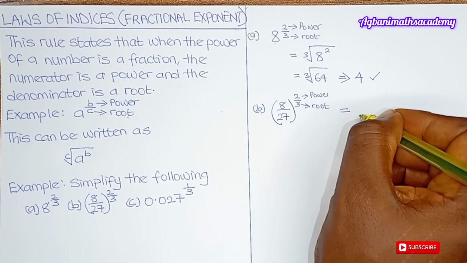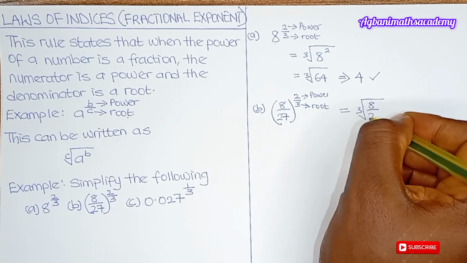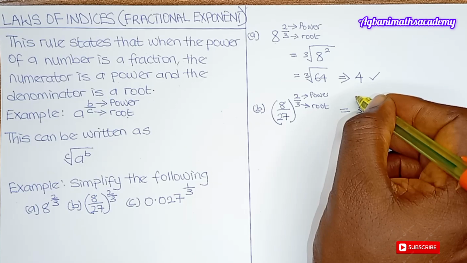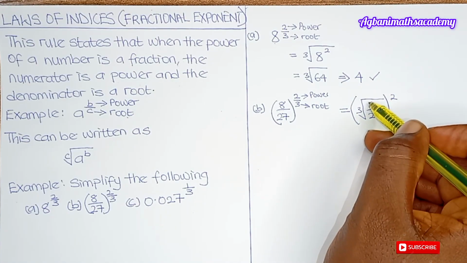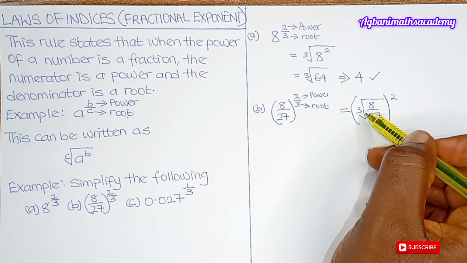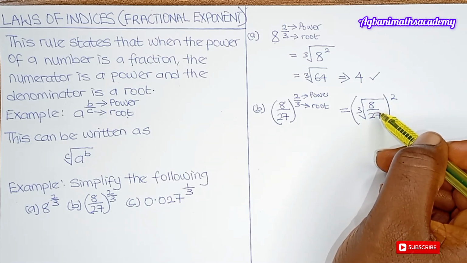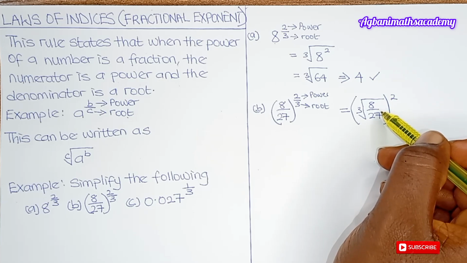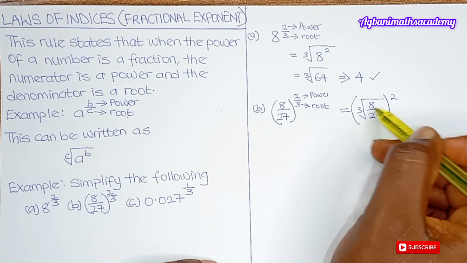So we're going to write the cube root of 8 all over 27, all to the power of 2. You can either find the square first or find the cube root first. But I decided to find the cube root first so that we will not have large numbers. If we decide to find the square first, the square of 27 is going to give us a large number. So let's look for the cube root first.